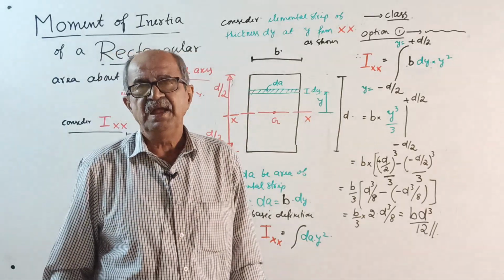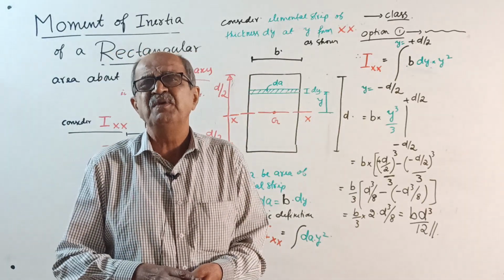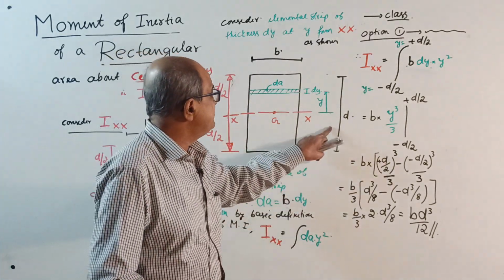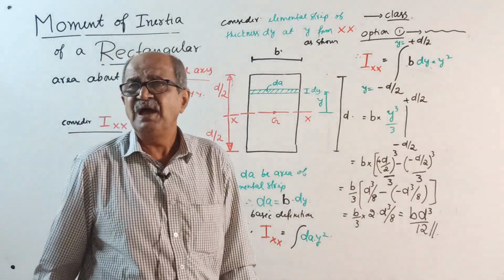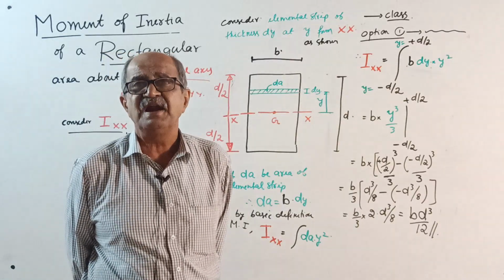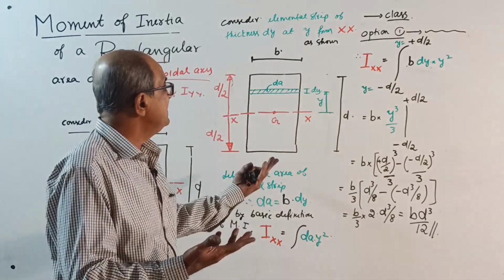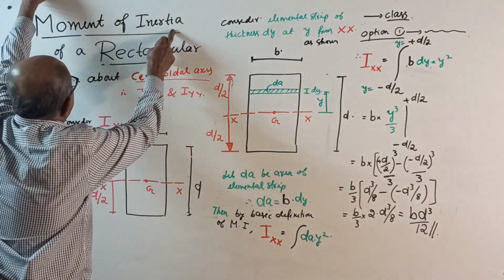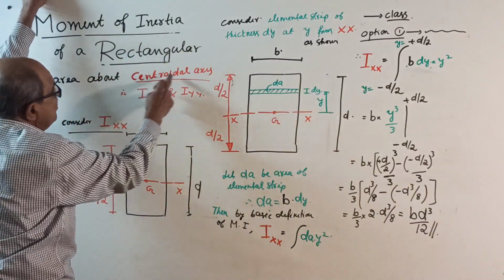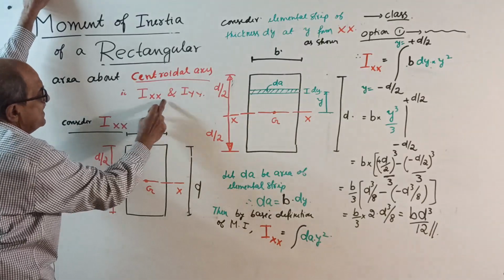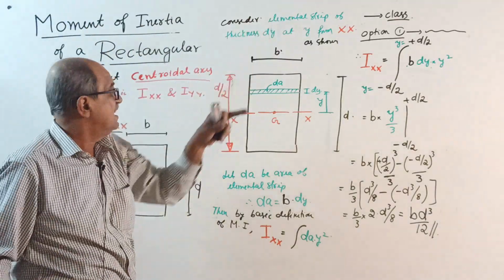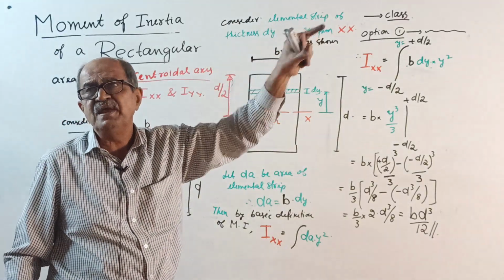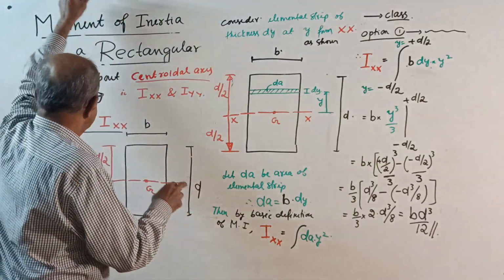I wrote everything earlier because this is very simple and I want to save time. If some concepts are there, then sometimes I will write in front of you so that you will be involved. Here there is nothing, only some principle. See, moment of inertia of a rectangular area about centroidal axes, that is Ixx and Iyy. Already I have marked a section and shown you xx and yy, so again I won't write.